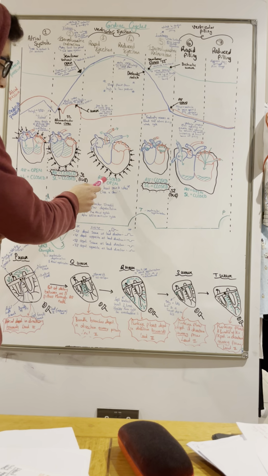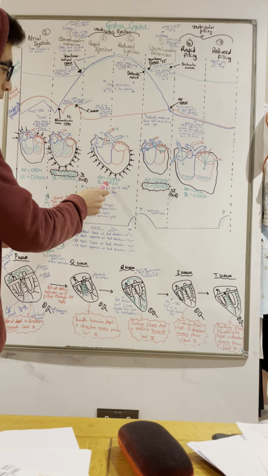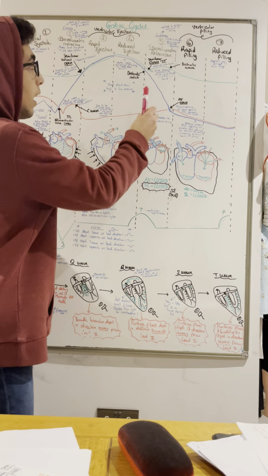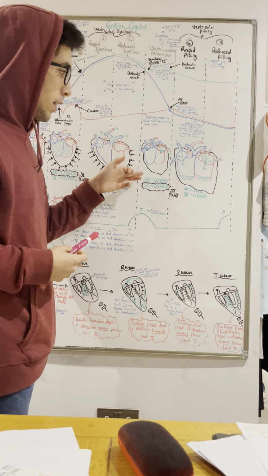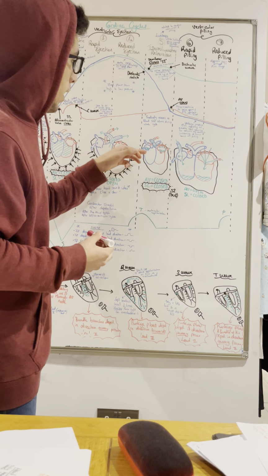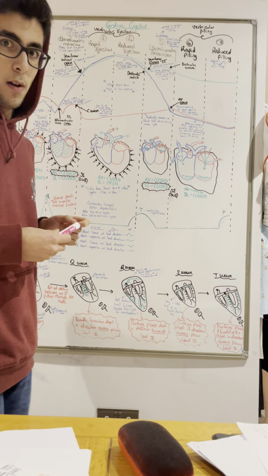Yeah, so at this point, AV valves closed, semilunar valves open. At that point, in our isovolumetric relaxation, AV valves are closed because they haven't opened yet, and then our semilunar valves also close, which is our S2 dub.